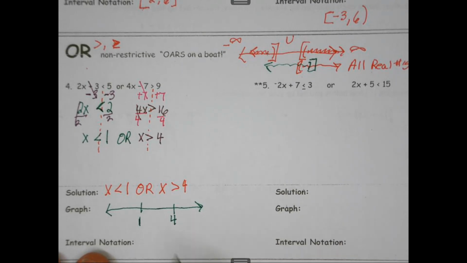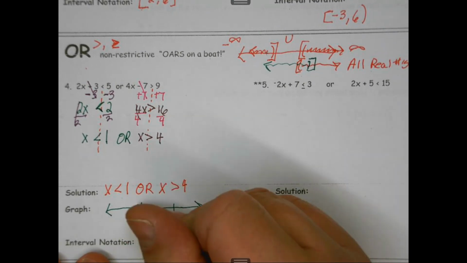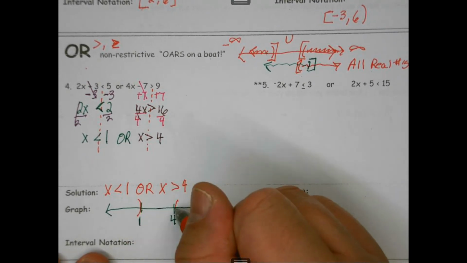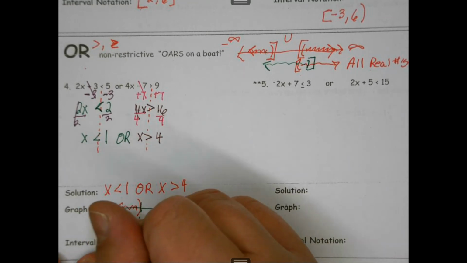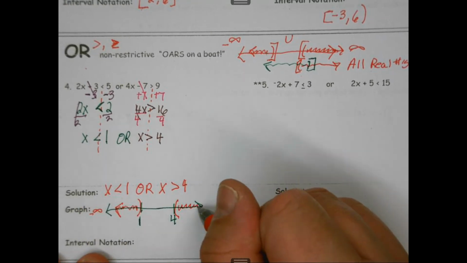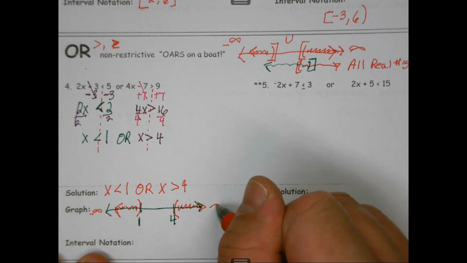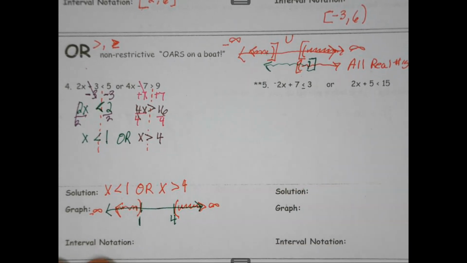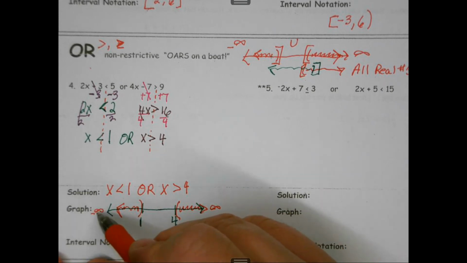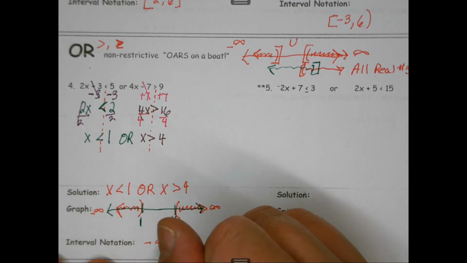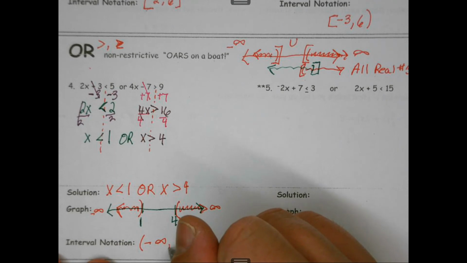Interval notation: smallest number, negative infinity, next smallest number, 1 gets the parenthesis. We join these with a union symbol, parenthesis, 4, and then positive infinity, parentheses.